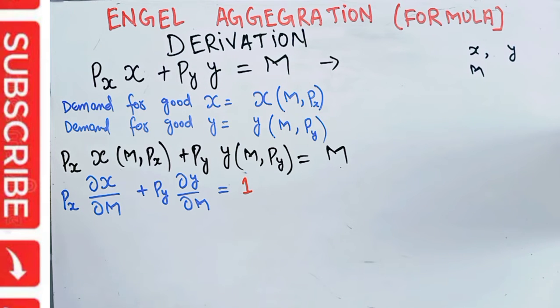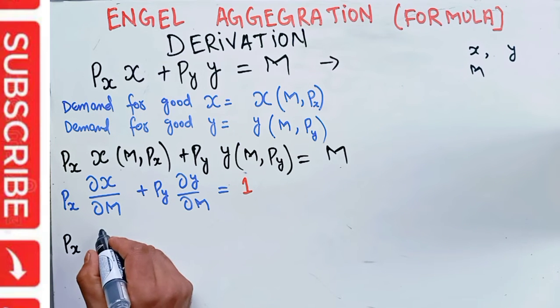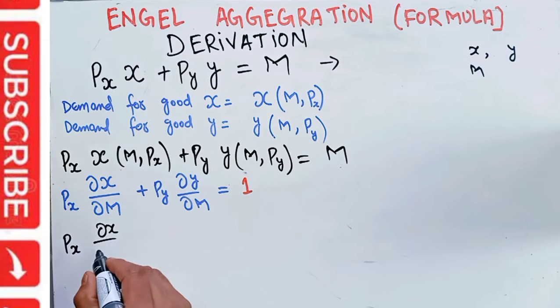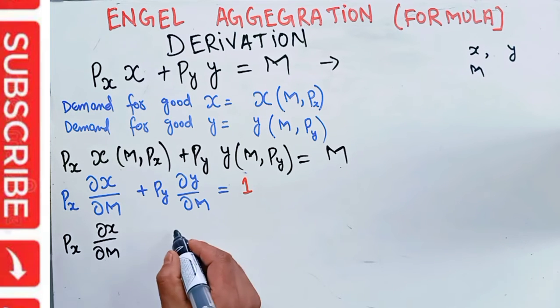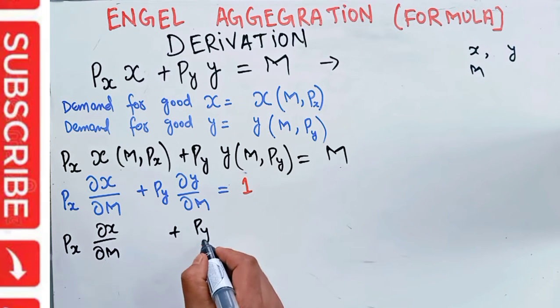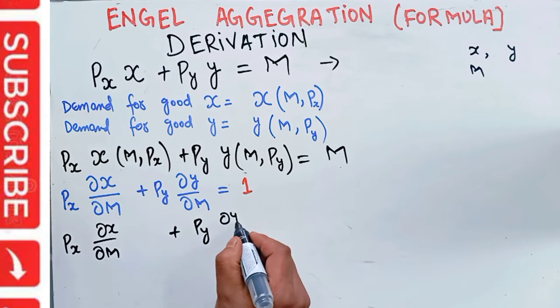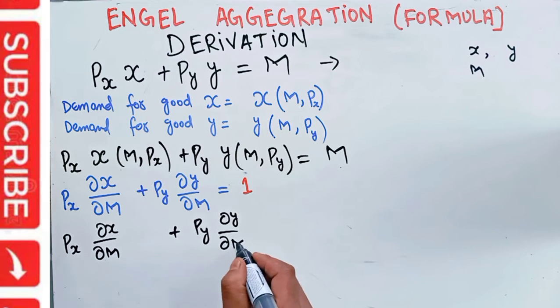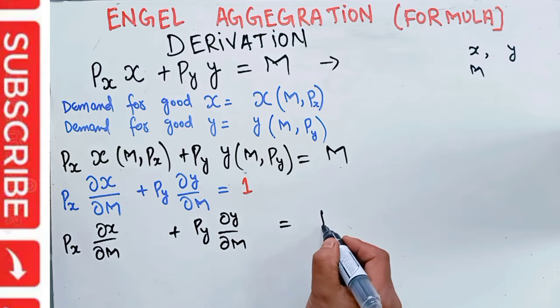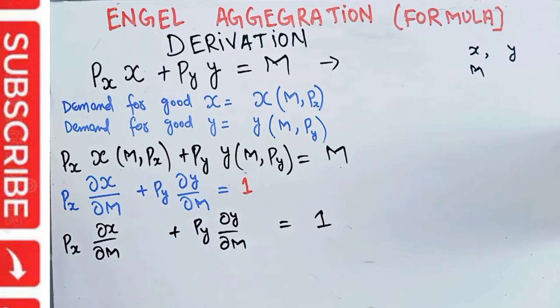Now what will we do here? Let me rewrite this: price of X times del X upon del M plus price of Y times del Y upon del M is equal to 1. What will I do?